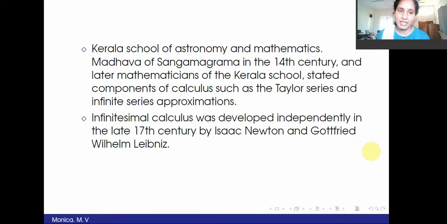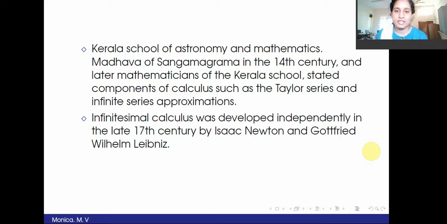Coming back to India, in the Kerala School of Astronomy and Mathematics, calculus was developed. Madhava of Sangamagrama in the 14th century and the later mathematicians of the Kerala school stated components of calculus such as Taylor series and the infinite series approximations. They developed differentiation as well as integration but could not combine the concepts together into a broad branch called calculus.